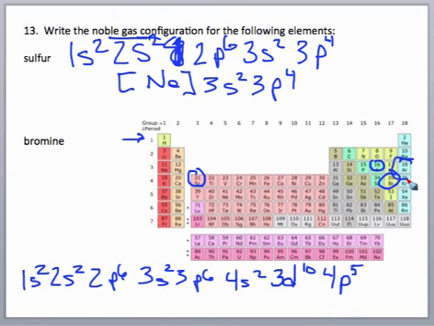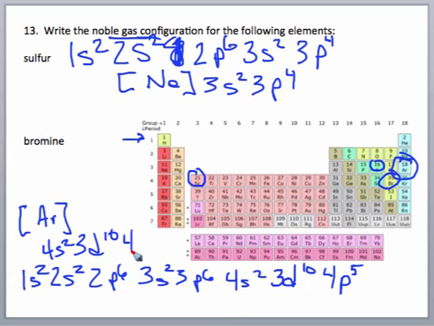So the noble gas configuration would be argon, 4s2, 3d10, 4p5. And remember, we're going to include that 3d10 even though sometimes you wouldn't. But for us, we will include that. All right, let's move on.